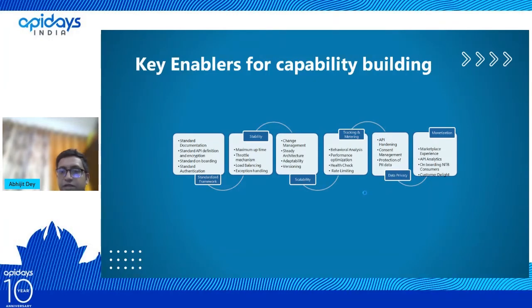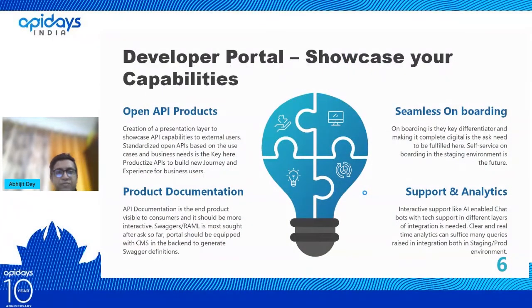And the monetization, which I've already covered, but that marketplace experience, your analytics, your onboarding of new-to-bank consumers through your API capabilities are the key. And that's how the business grows via API banking capabilities. Now I'll cover this slide on the developer portal, where we showcase our open API products, right?